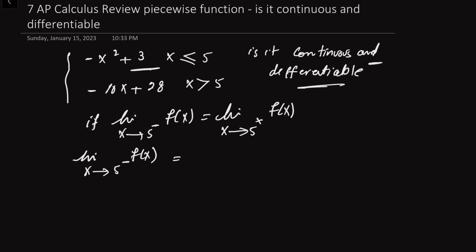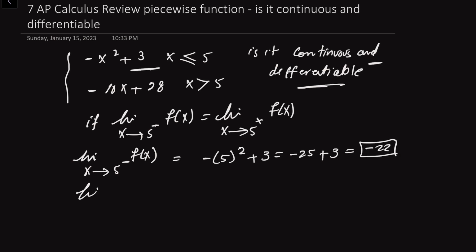So that's minus 5 squared plus 3. Minus 5 squared is minus 25 plus 3, so that's equal to minus 22. Okay, so that's the first value.